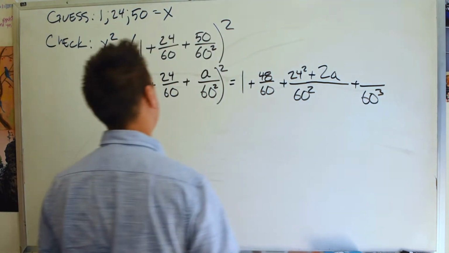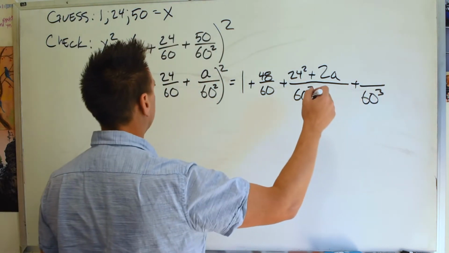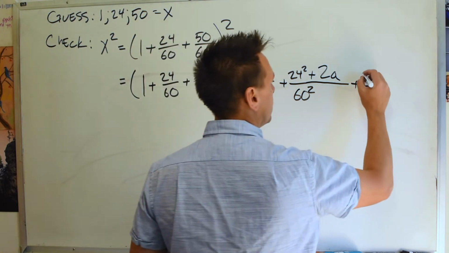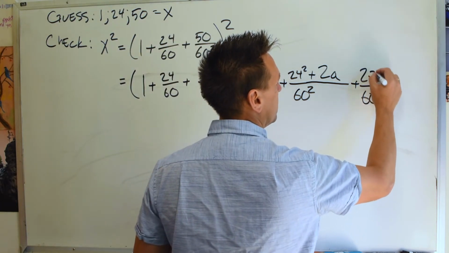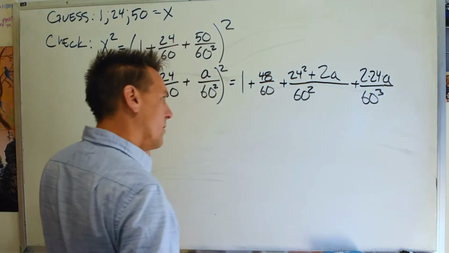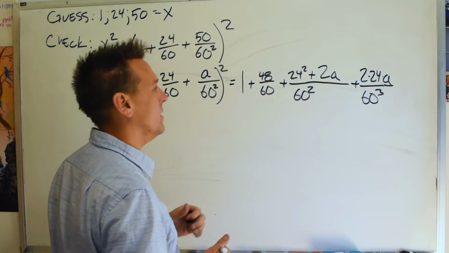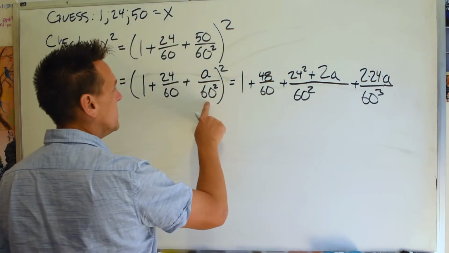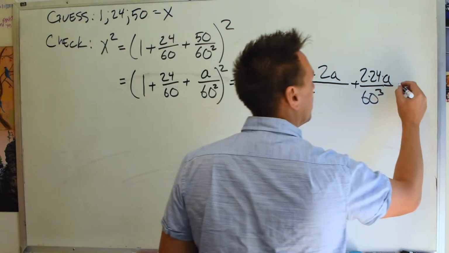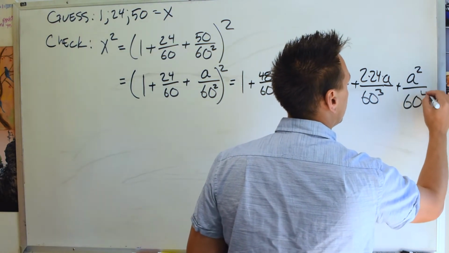I've got 3 60s, and then I've got 24a, and then I've got 2 of them, so 2 times 24 times a. And I'm leaving that arithmetic undone because depending on what a is, maybe the multiplication is easier one way than the other. And then the final term is this one multiplied by itself. I'm going to get a squared over 60 to the 4th.